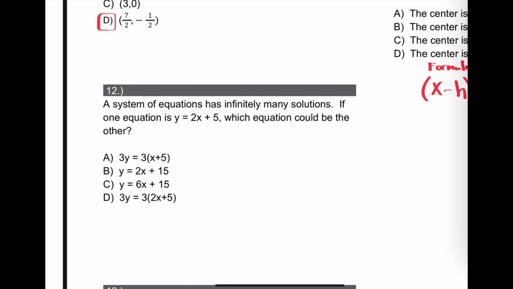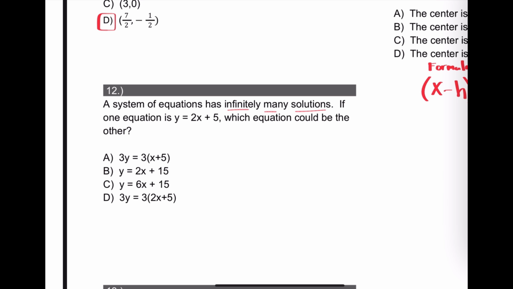Number 12, a system of equations has infinitely many solutions. If one equation is y equals 2x plus 5, which equation would be the other? For two equations to have infinitely many solutions, they would have to actually be the same line graphed over the top of one another.